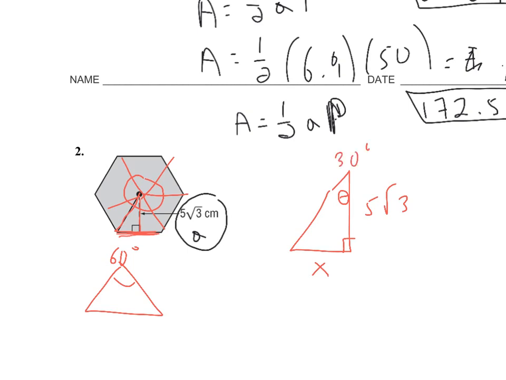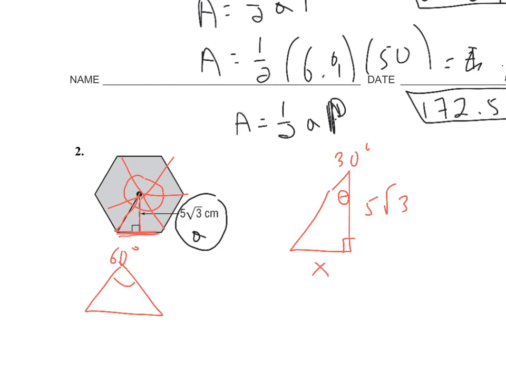Okay, so look at this triangle. I have a 30-degree triangle, okay, 5 radical 3 and x, and this triangle is a special triangle. You can always think about converting, but I'm gonna just do this: sine, cosine, or tangent.